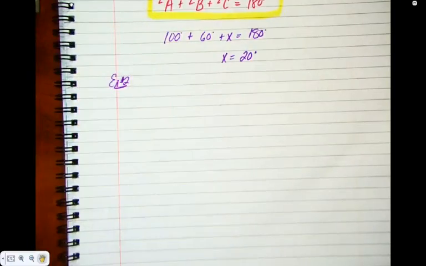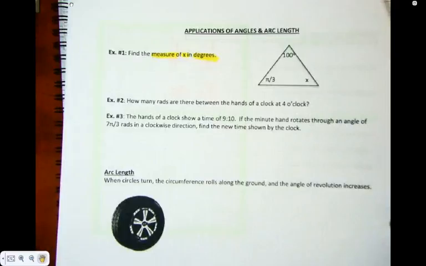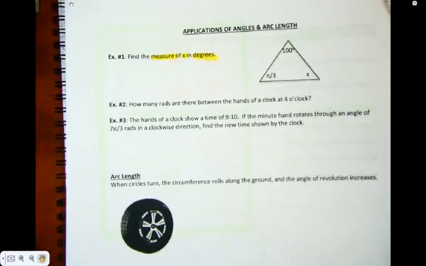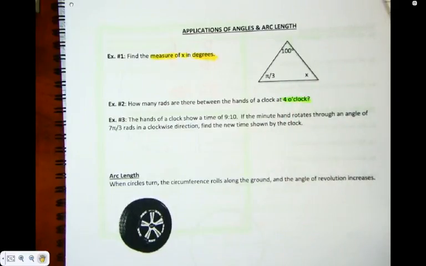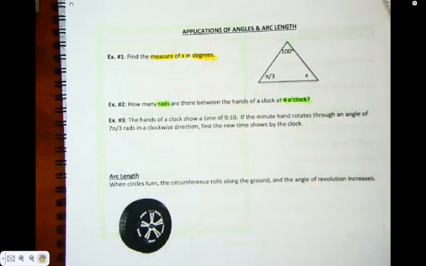Example number 2, read it. Keywords. 4 o'clock, definitely important. Rads, definitely important. Here's how you know if you have all the keywords.